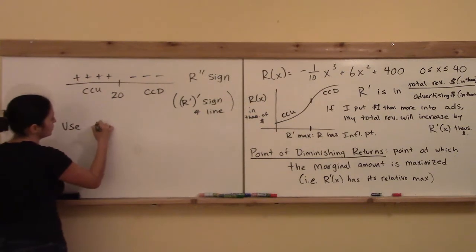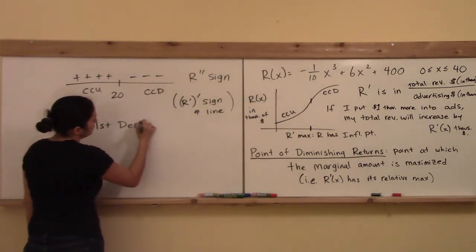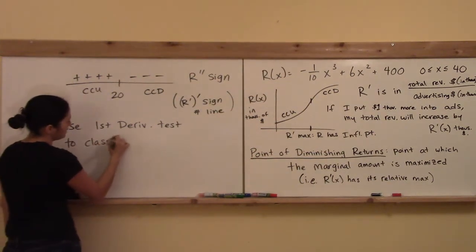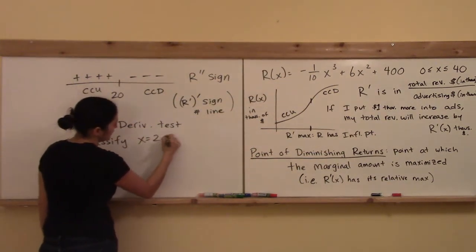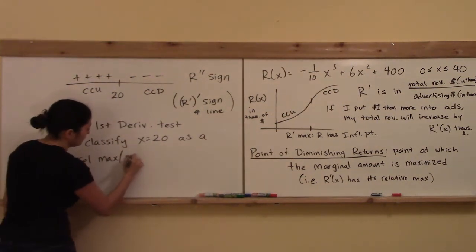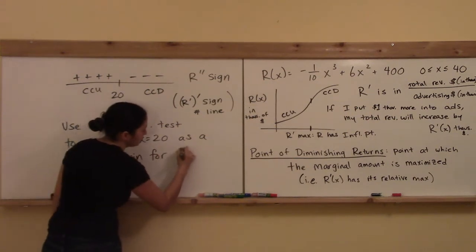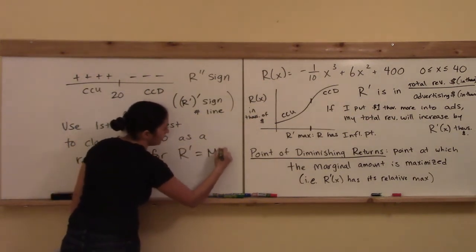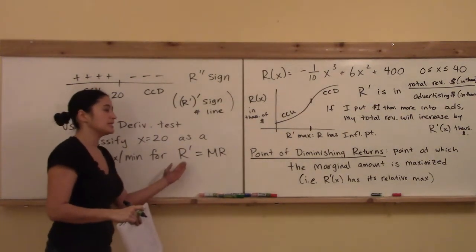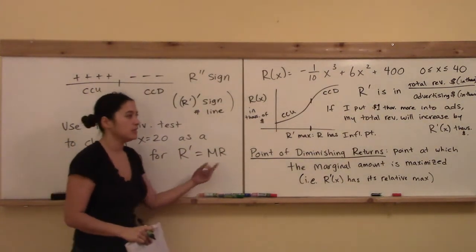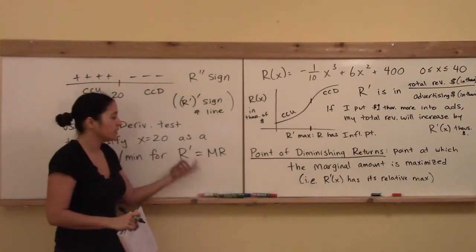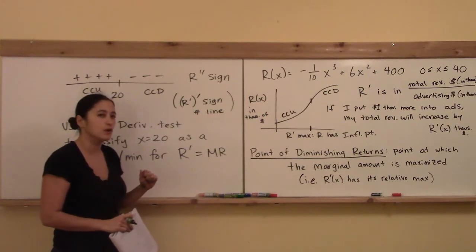Okay, so use the first derivative test to classify x equals 20 as either a relative max or min for the marginal quantity r prime, which is the marginal revenue. Keep in mind, this is the marginal revenue in the sense that the input or x variable is dollars of advertising. A little bit different than what we usually see it as, but I think you can still refer to it as a marginal quantity.